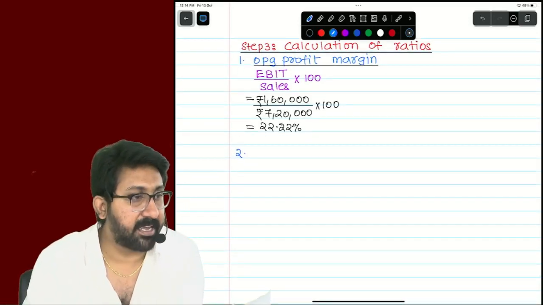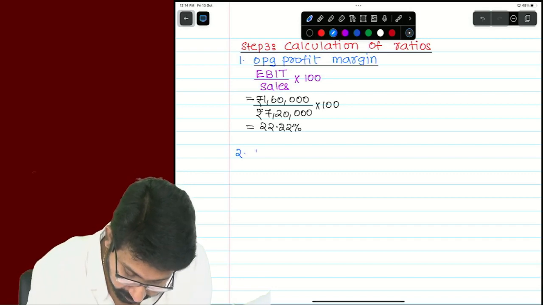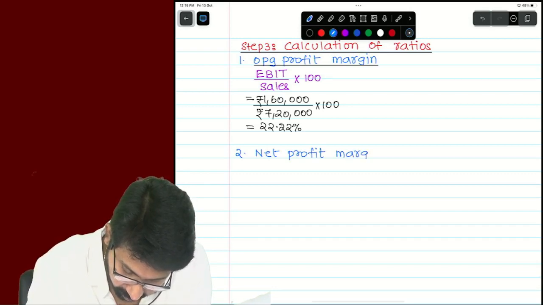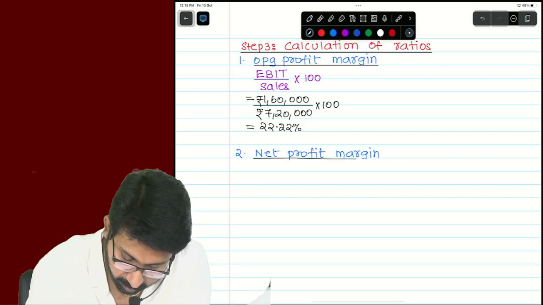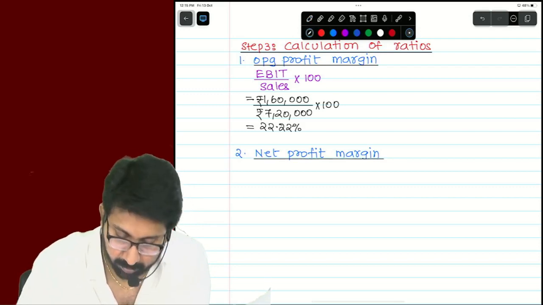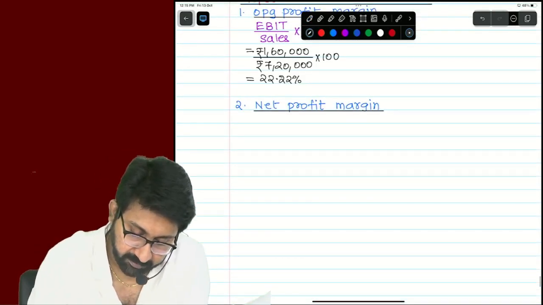Second, what is the second one he asked? Net profit margin. Tell the formula for the net profit margin.